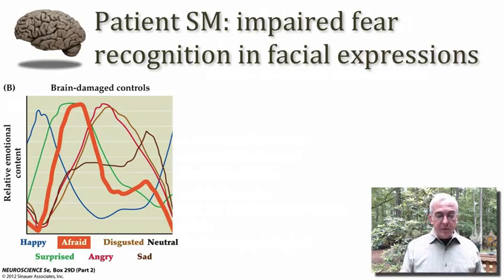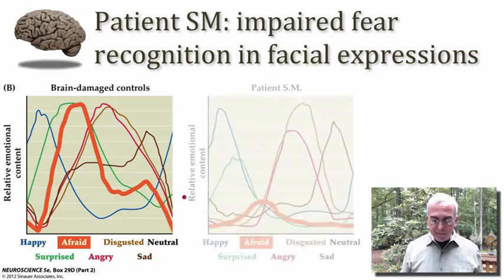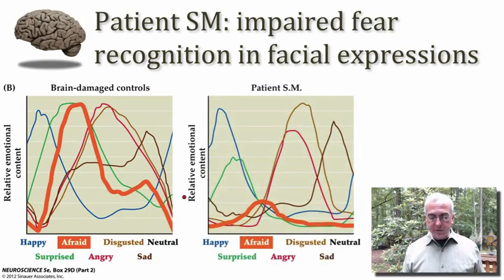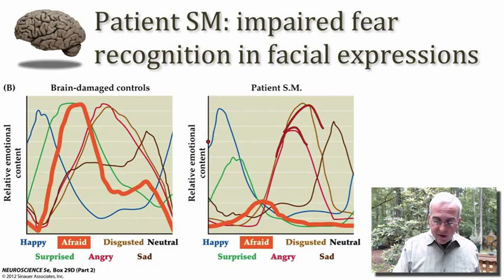And what you see in the bold orange line is the ratings of fear that were present in this inventory of human faces. Now, when patient SM was asked to do the same, these were her ratings. So you can see that she did quite well on ratings of, let's say, anger and disgust and happiness.